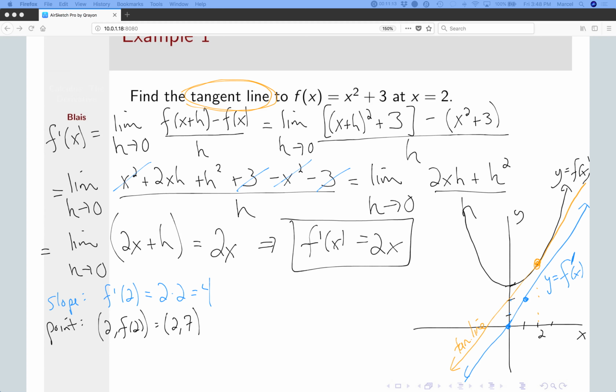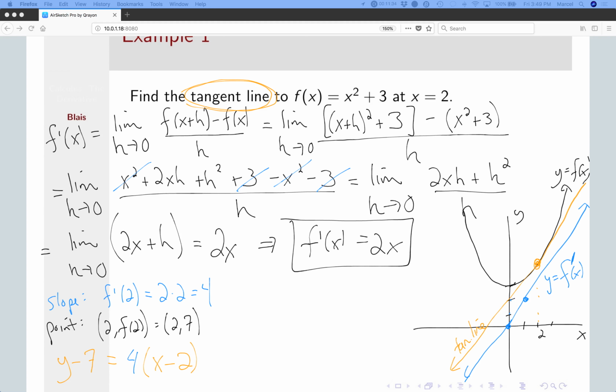And then our tangent line becomes y minus the y value, y minus y naught. So y minus 7 equals the slope 4 times x minus x naught, which in this case was 2.